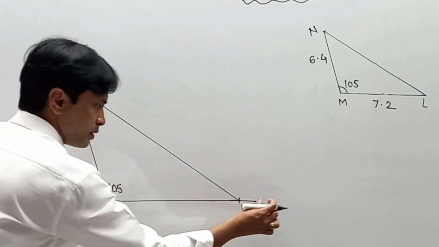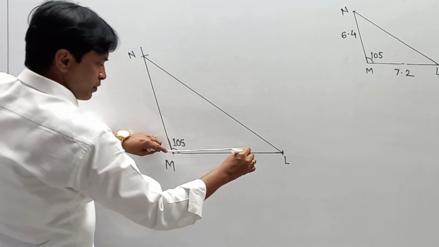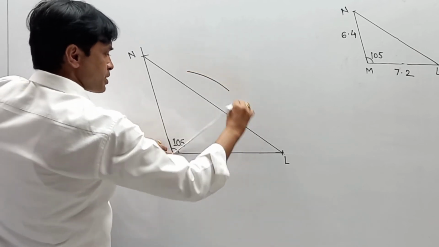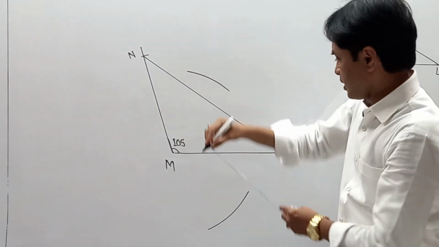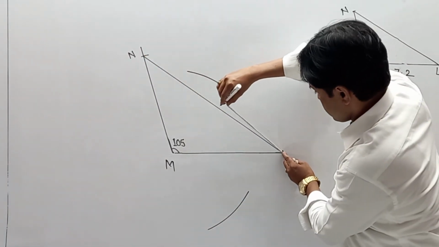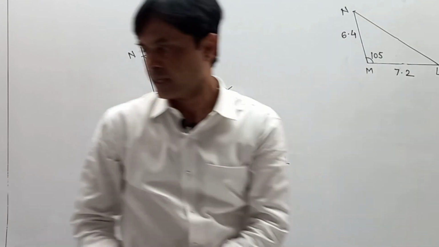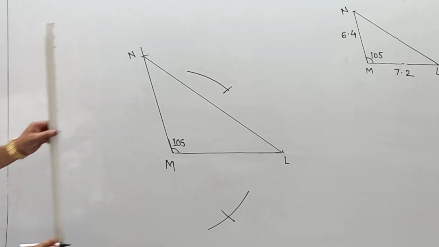From M to L, take a distance more than half, first arc, second arc. Now from vertex L, first arc, second arc. And in this way, we are able to draw the first perpendicular bisector over here.